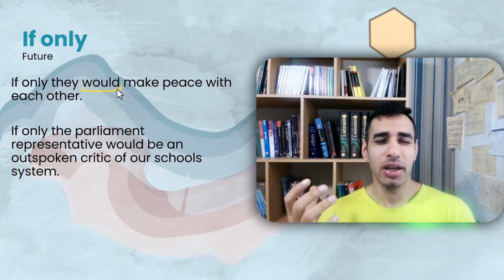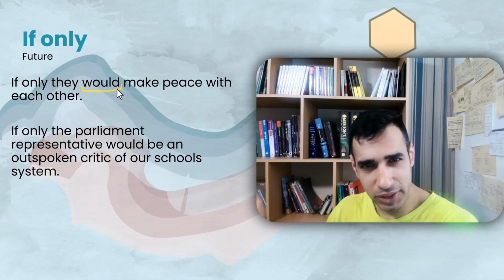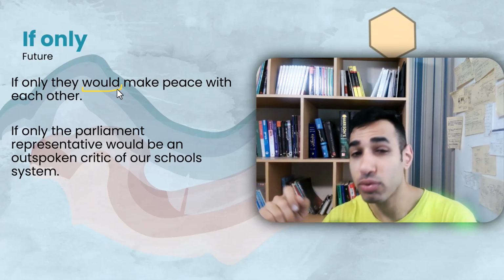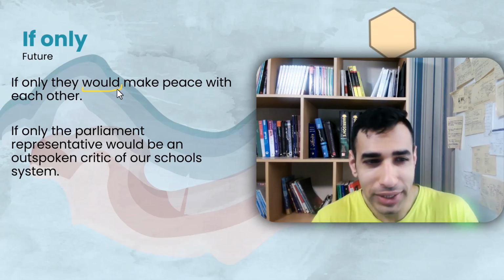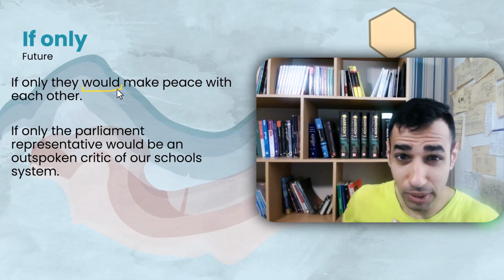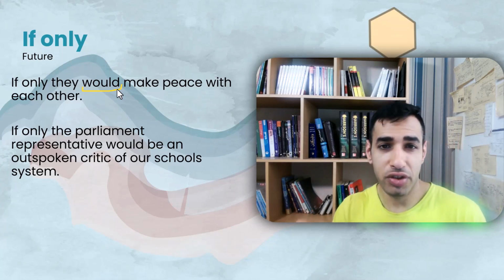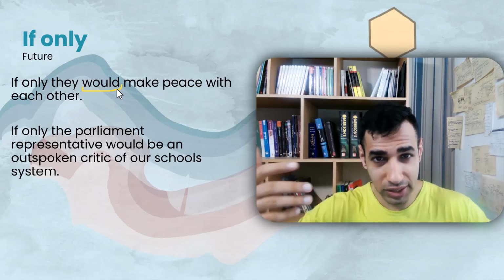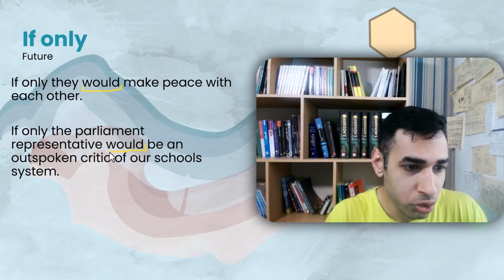This is my desire that our representative, we have a representative in the government system, and I want that person to be outspoken, means be a critic, be our voice, and talk about the school systems and its faults. This is my desire. Maybe I want to vote for the representative, and I'm talking about the future. So this is something that I want to happen in the future. We use would to talk about the future.